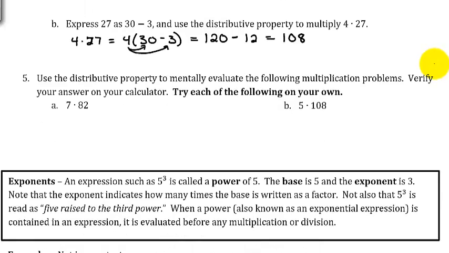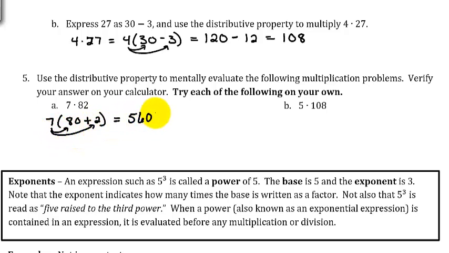Now we want to use the distributive property to do these other calculations. 7 times 82. Again, I like to do addition, so I'm going to break 82 up into 80 plus 2. And when we multiply 7 times 80, that's 560.